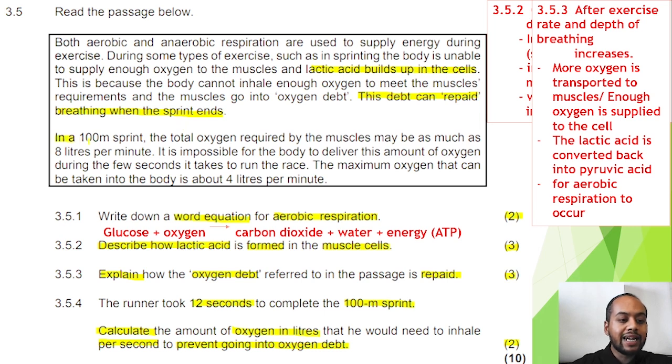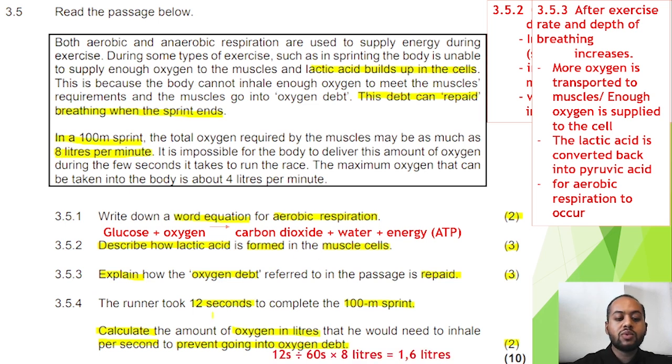So it says in a 100-meter sprint, the total oxygen required by the muscles may be as much as 8 liters per minute. There we go. We could possibly use this. 8 liters per minute. And the runner took 12 seconds to complete the 100-meter sprint. You want to calculate the amount of oxygen in liters. You can convert that 12 seconds into minutes and then multiply by 8 to get the number of liters.